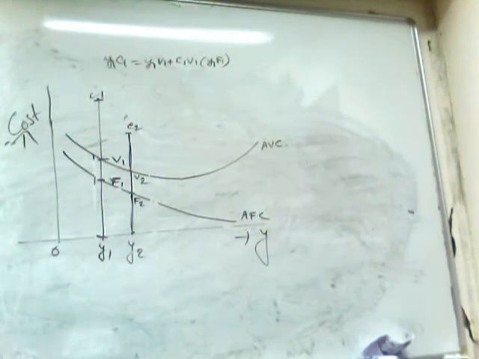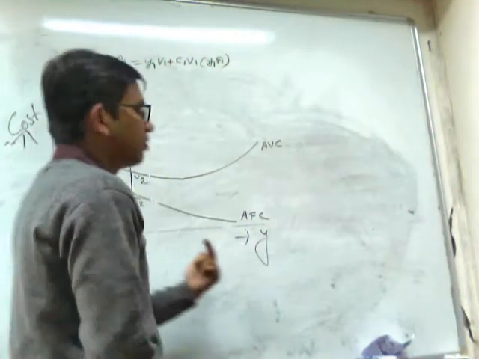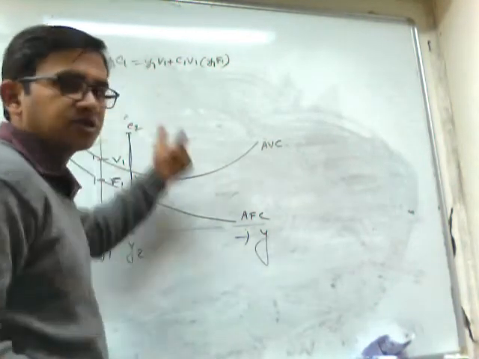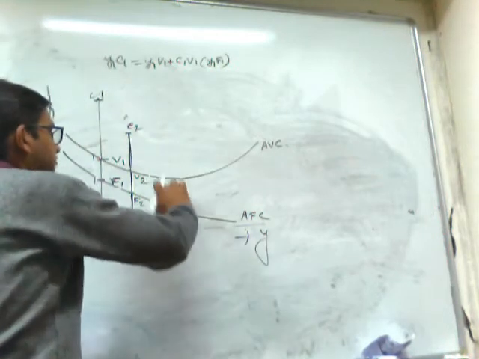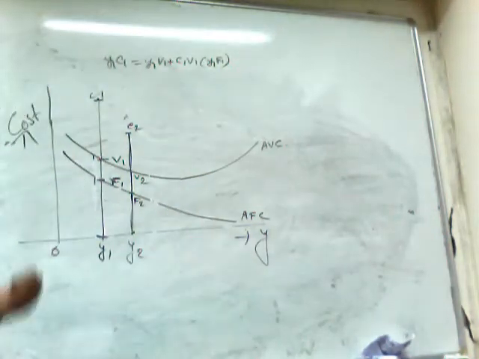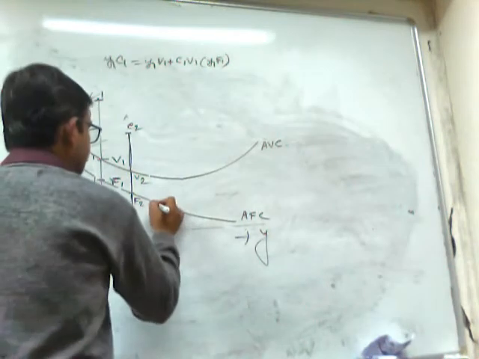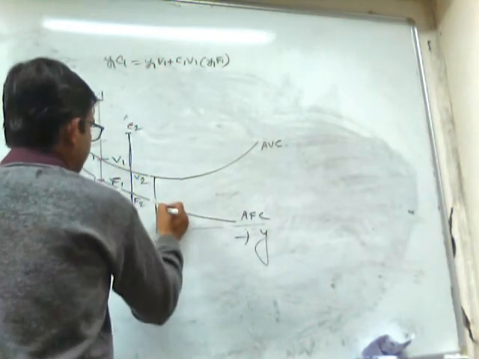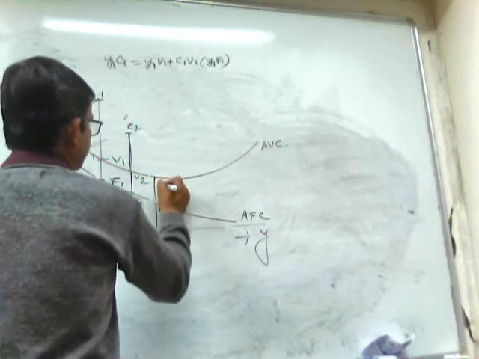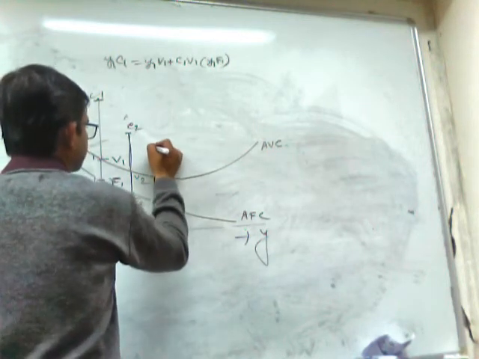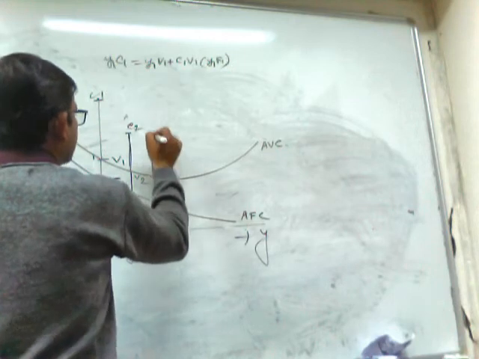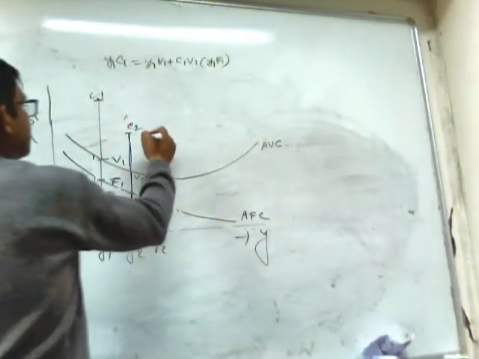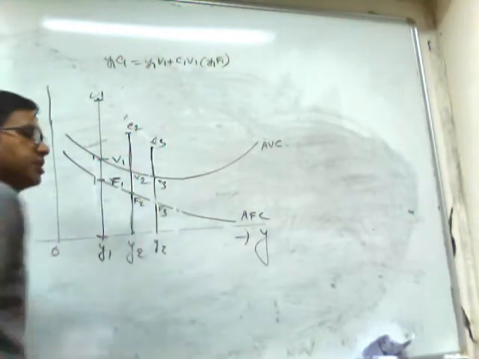So at each and every level of output, if we want to find the value of average cost, we have to make the vertical summation of these two different values. That means for Y3 it is Y3F3 and Y3V3, so Y3C3 will be the average cost.